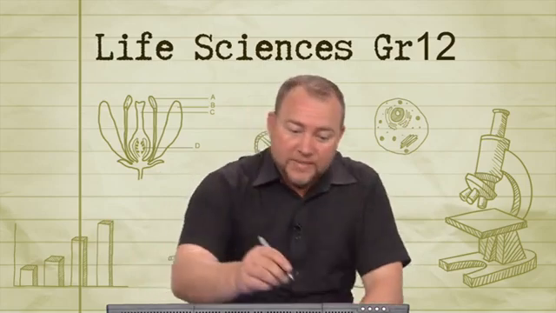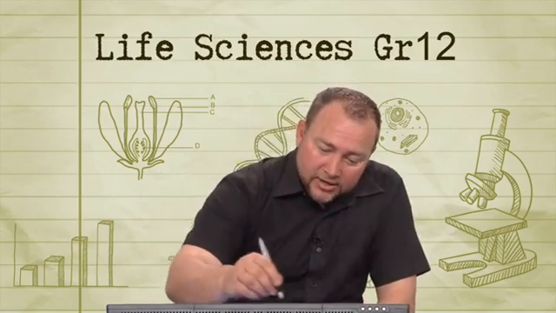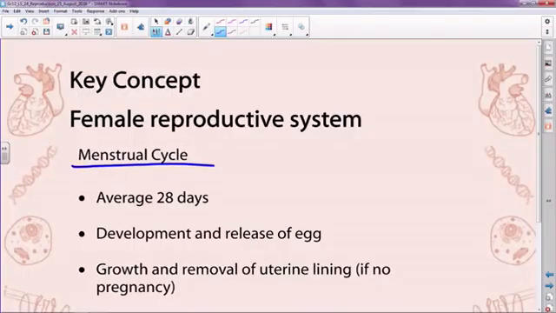Okay, now let's have a look at the female reproductive system, okay? Firstly, we have the menstrual cycle. Do you know what a menstrual cycle is? Of course you do. We've gone through it, okay? It happens every month. That is when we make an egg and we release an egg, okay? Now remember, in life science, we always generalize.